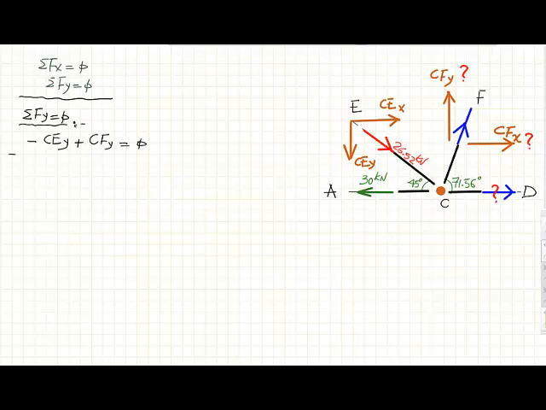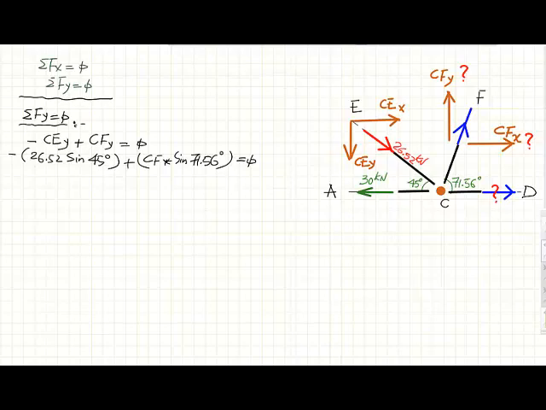So minus CEY, which is CE, and we got the value of CE, which is equal to 26.52 multiplied by sine 45 degrees, plus CFY, which is CF multiplied by sine 71.56 degrees, is equal to 0.